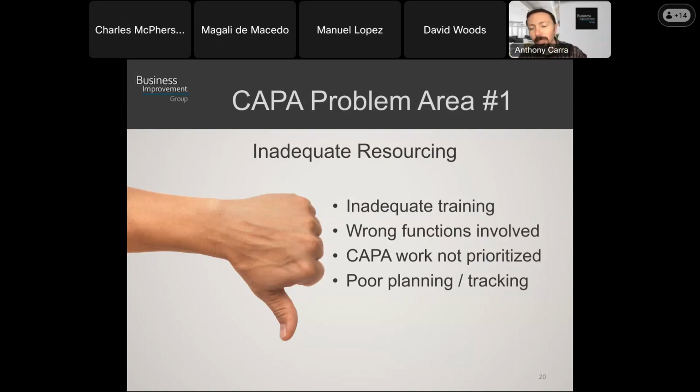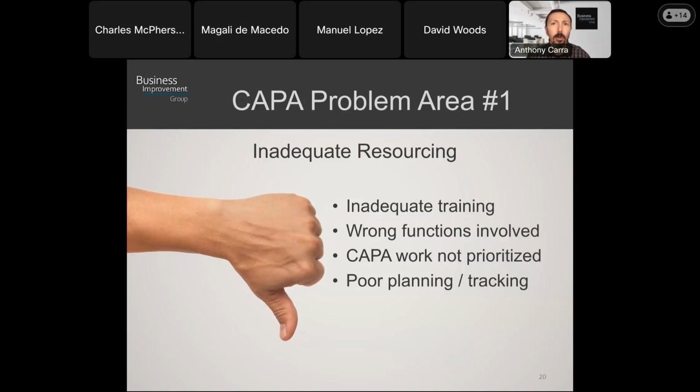All right, so maybe not necessarily within your CAPA process, but the CAPA process is a very people- and resource-intensive process. And what I see very often is inadequate resourcing. That comes in a couple different flavors. One is just inadequate training.